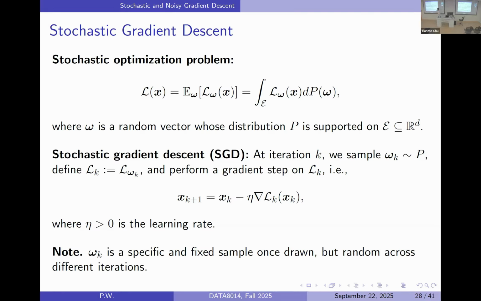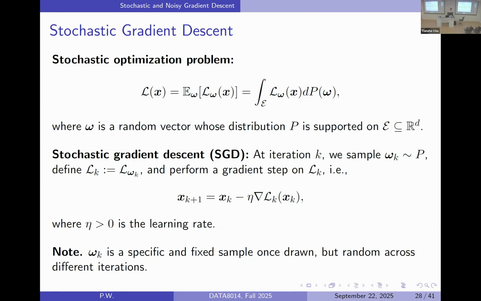Then you perform the basic update of stochastic gradient descent. You randomly sample some omega_k from the distribution, define L_k as the loss over this sample omega_k, and then perform a gradient step over this omega_k. Compute the gradient on this sampled random vector, where eta is the learning rate. That is the basic update of stochastic gradient descent, very simple.